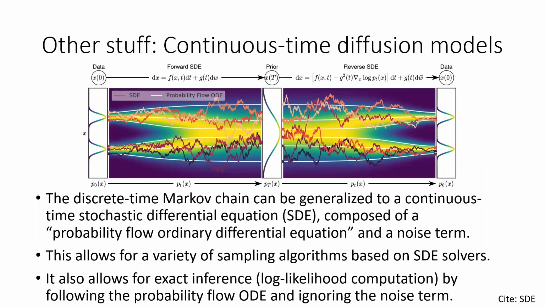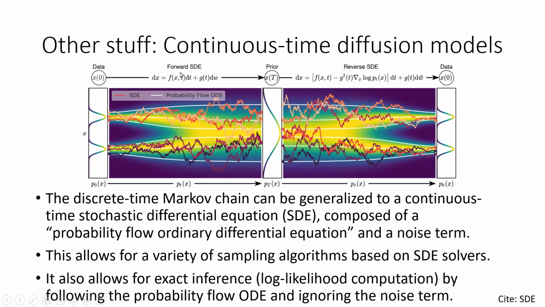One other thing, I wanted to make mention of these continuous time diffusion models, because you'll probably see these come up more and more in the future. This is a paper that shows that this discrete time Markov chain can be generalized to a continuous time stochastic differential equation given by this forward SDE at the top left of this figure: dx equals f of x t dt plus g of t dw.